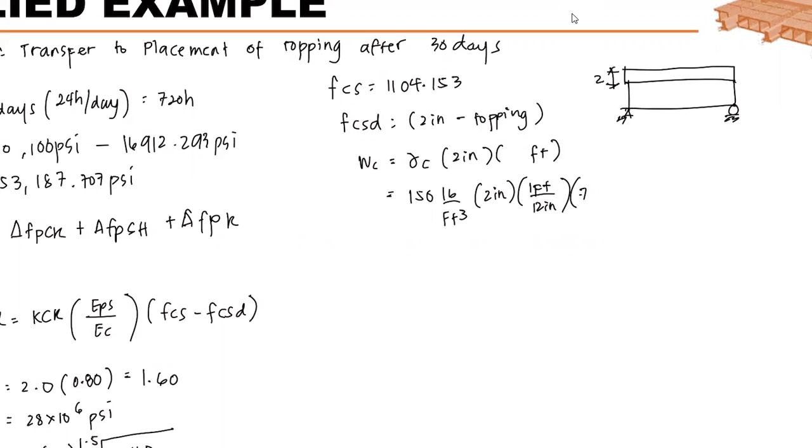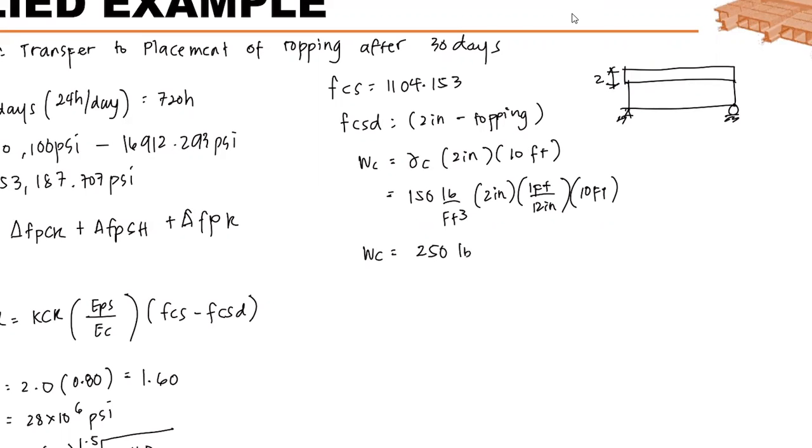Para maging load siya, kailangan yung perpendicular na length yung multiply natin, which is sa cross section natin ay 10 feet. So WC natin will be equivalent to how much? 150 times 2 times 10 divide 12.